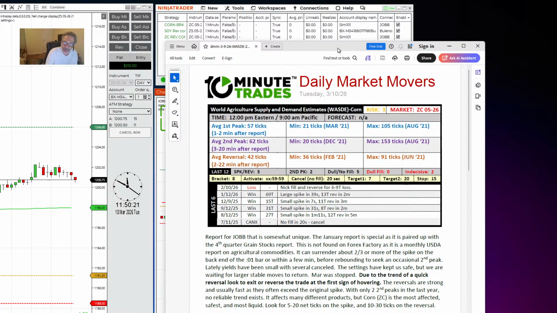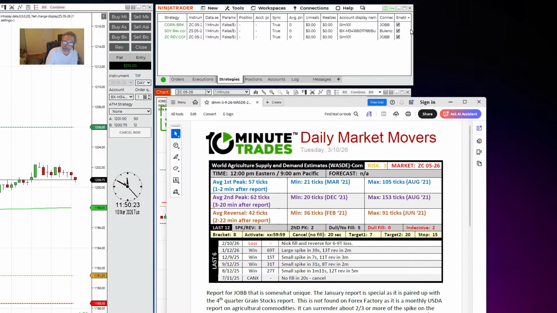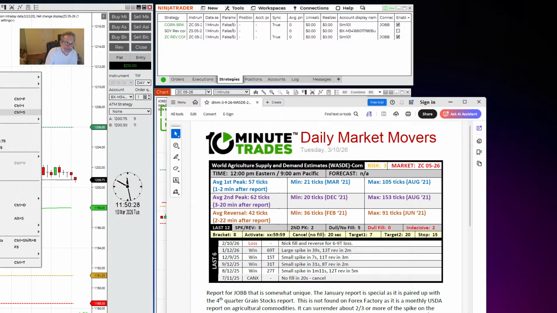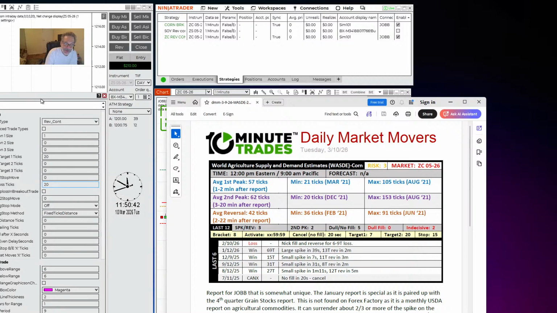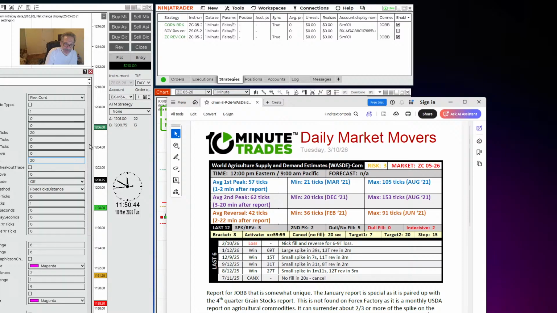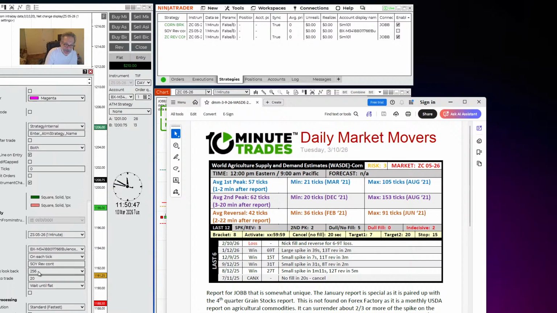I'm happy to tell everybody what it was again. Our reverse continue on soy was one position, 15 target, 15 stop. Let's make it a 20 target and a 20 stop, just in case we get a good move that we want to try and take advantage of. And I'm going to label it ZS.